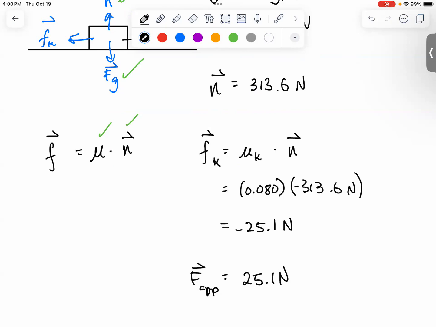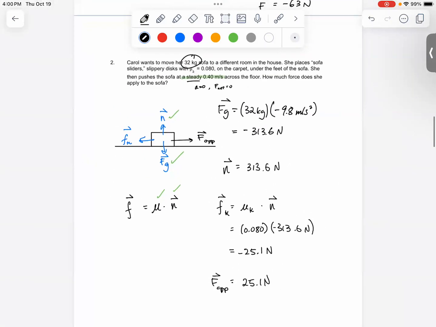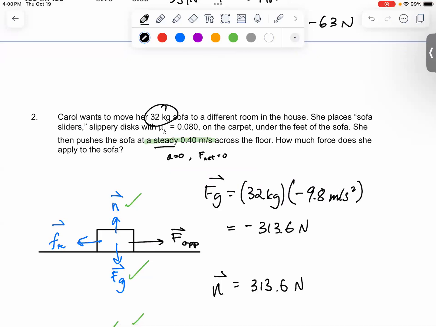Now, what I really want you to see on this question is that if you look back to this question from the beginning, would you be able to formulate these little steps without knowing the numbers at the moment? Would you be able to say, okay, I can draw a free body diagram. I would be able to tell the gravitational force.